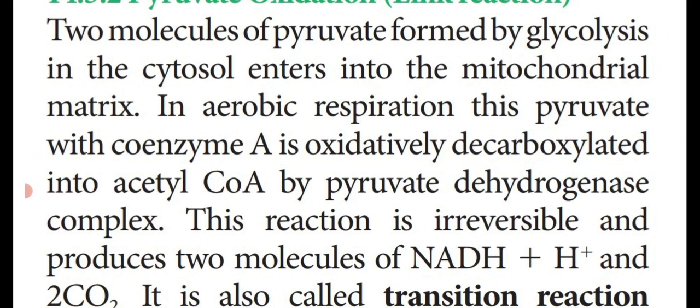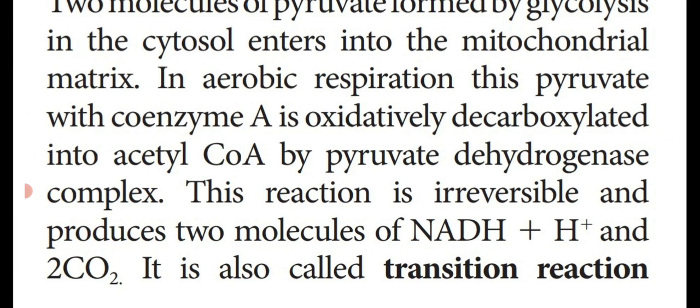Acetyl coenzyme A is formed by the pyruvate dehydrogenase complex. This reaction is irreversible and produces 2 molecules of NADH2 and 2 carbon dioxide molecules. So it is called a transition reaction.